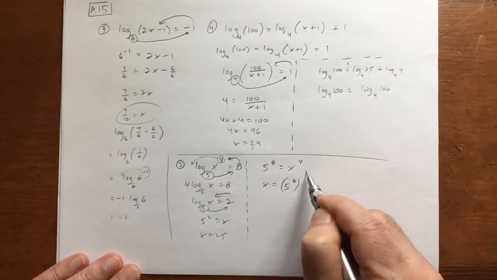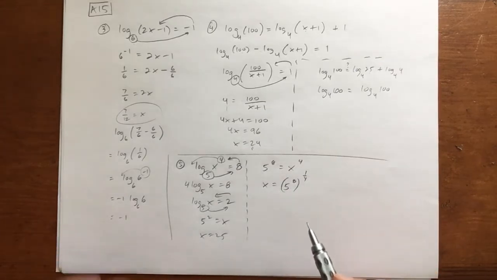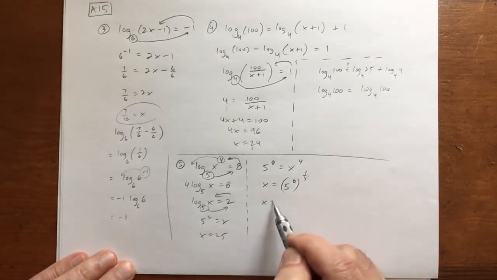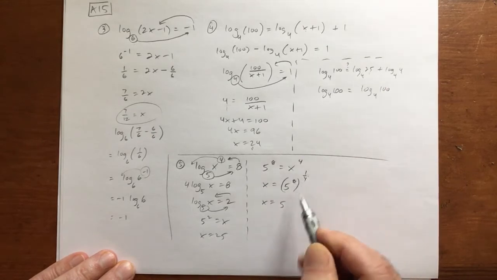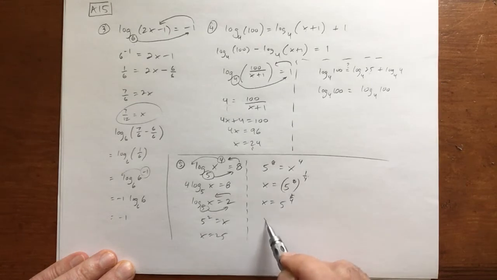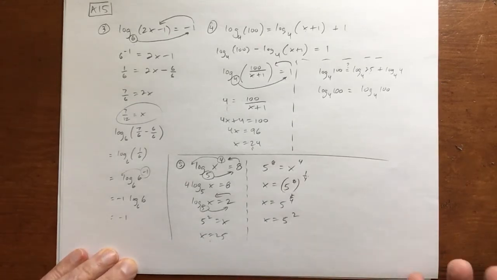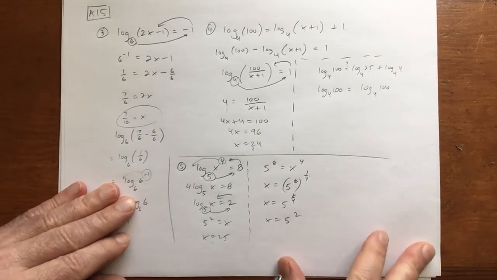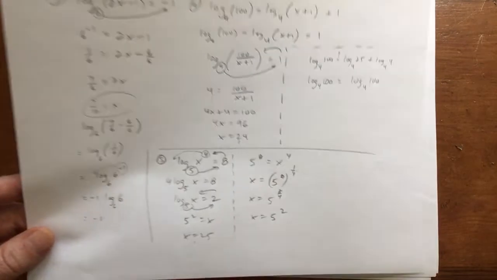And I know taking the 4th root is the same thing as raising it to the 1/4 power. And then, let's see what I get. I have an exponent to an exponent, so I multiply 8 times 1/4, which is 8/4. And I do get what I was looking for. So you choose your method. I prefer the first.